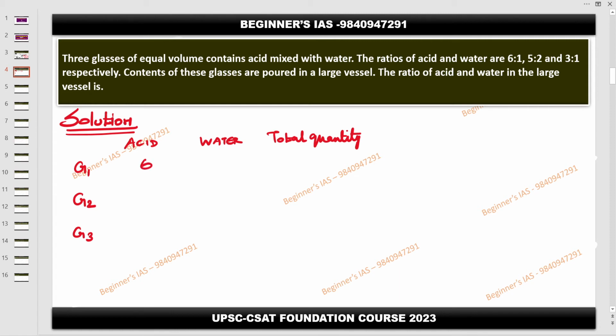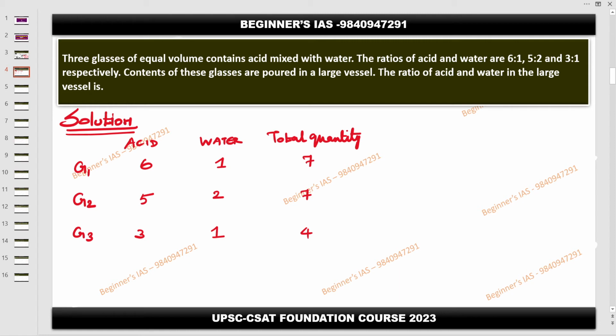So here 6, then here 5, here 3, here 1, here 2, here 1. So the total quantity here is 7, here 7, here 4, but the total quantity is not the same. So you can make that the same. 4 sevens are 28.